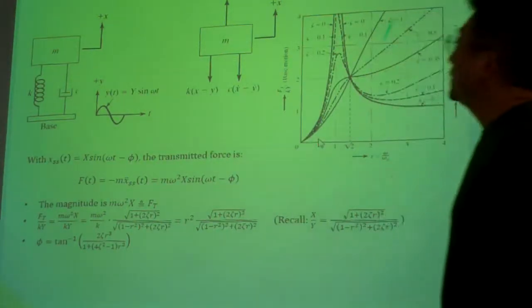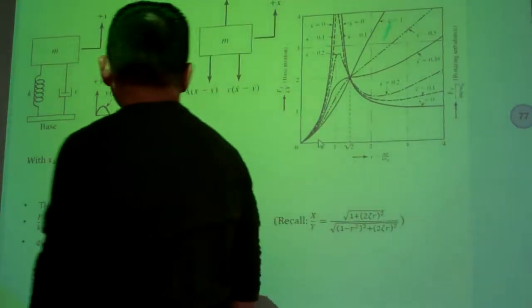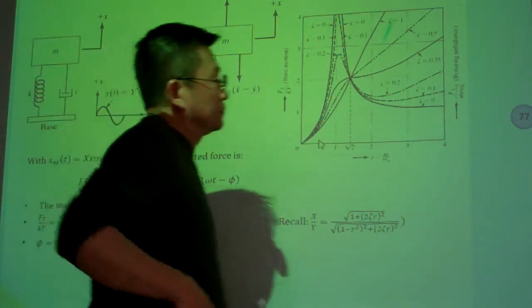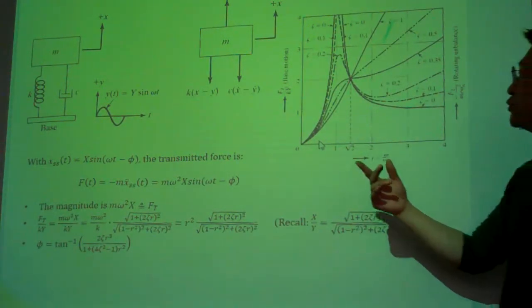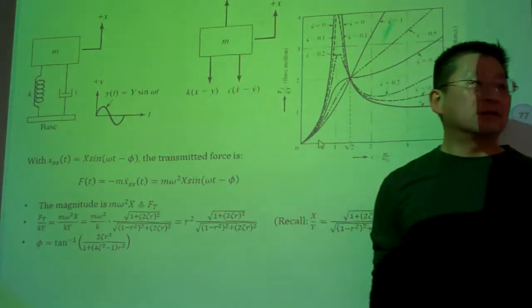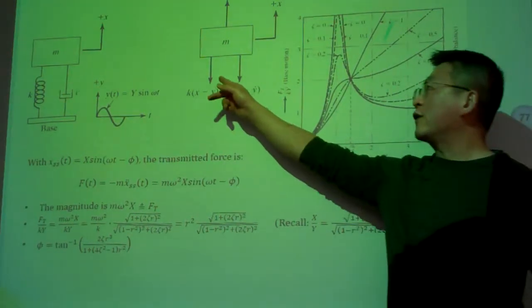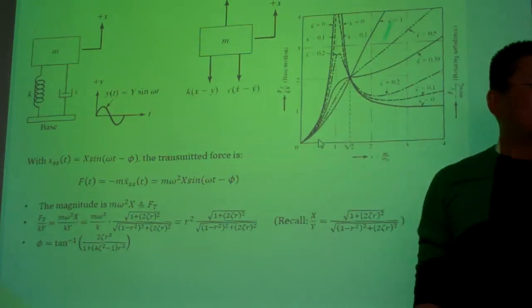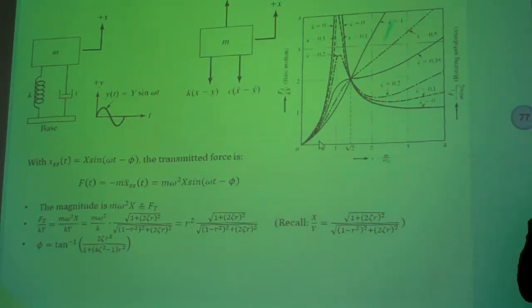The third one is about the force transmissibility. The force transmissibility is this. We want to know how much force is being added to the mass here. There are two kinds of force, one from the spring and one from the damper. Combined together, the summed force is simply the force being transmitted.